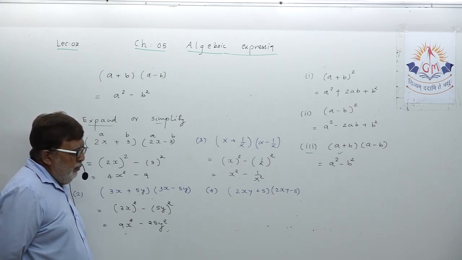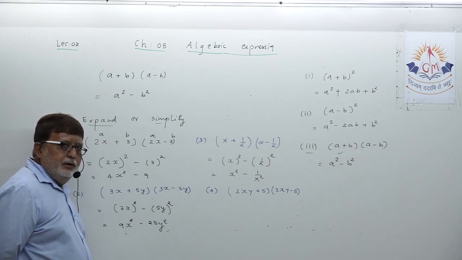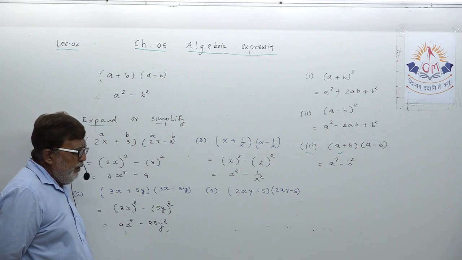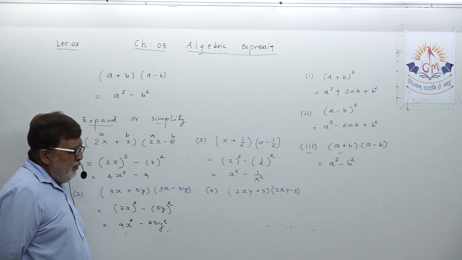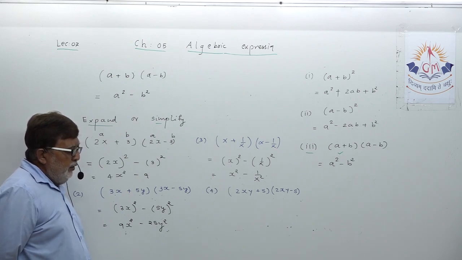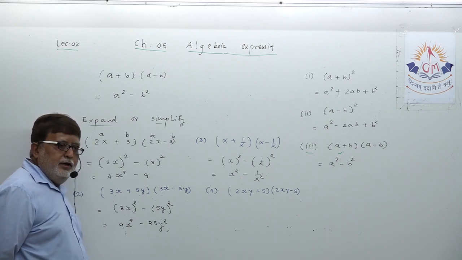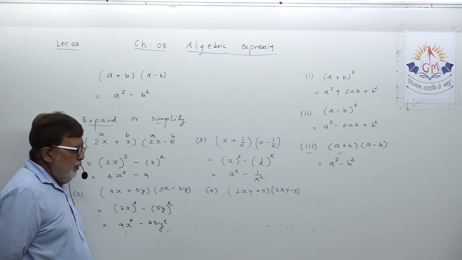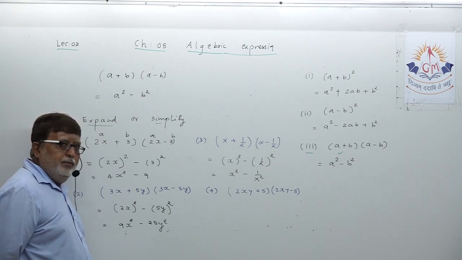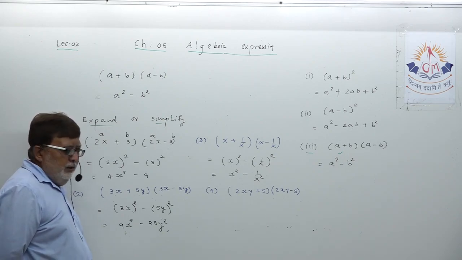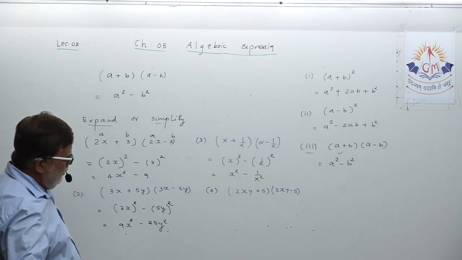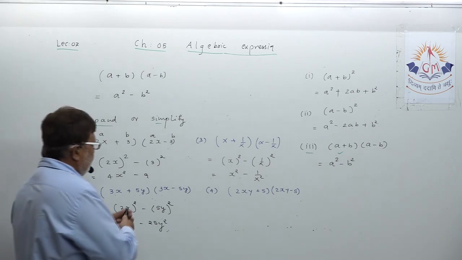First term in both the brackets has to be considered as a, and the second term in both the brackets, plus 5 and minus 5, needs to be considered b. So if you compare, it is looking like a plus b into a minus b. Understand? Again, easy process.